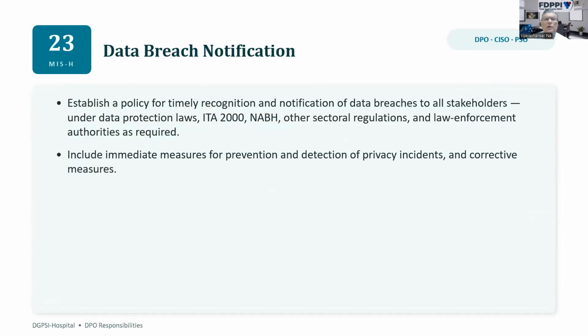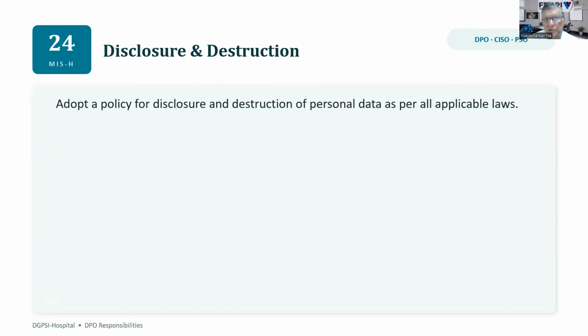Now, establish a policy for timely recognition and notification of data breaches to all stakeholders, because here we are having a data breach notification going to the CERT-In, also to the DPB and NABH authorities, include immediate measures for prevention and detection of privacy incidents.